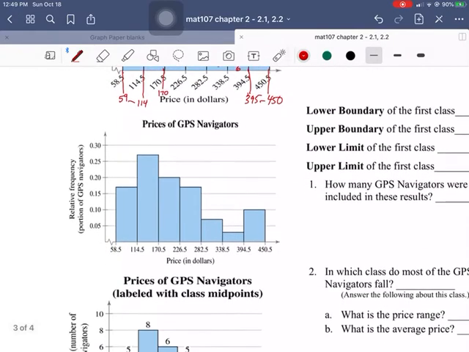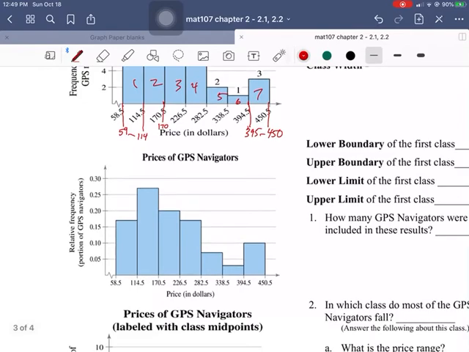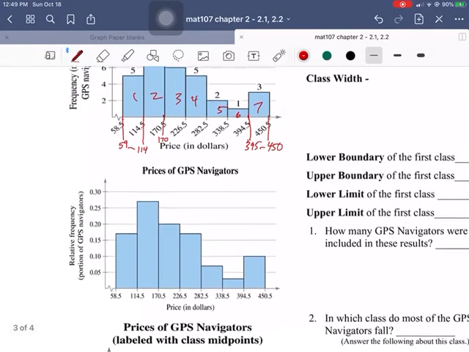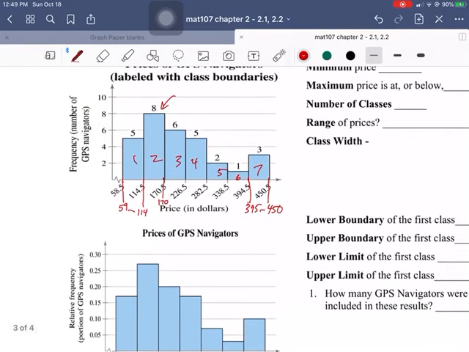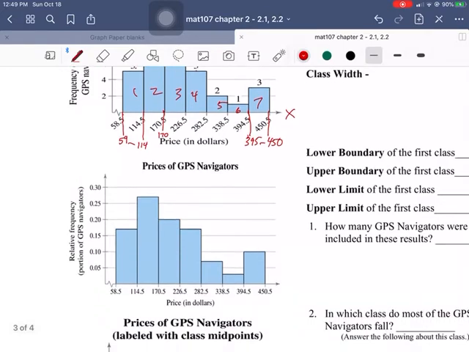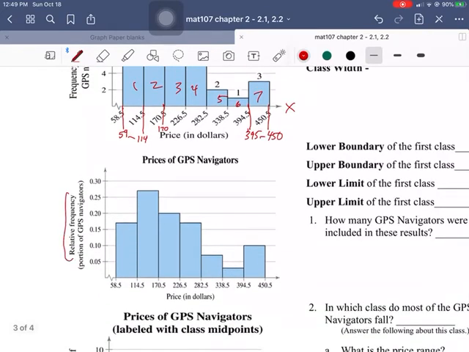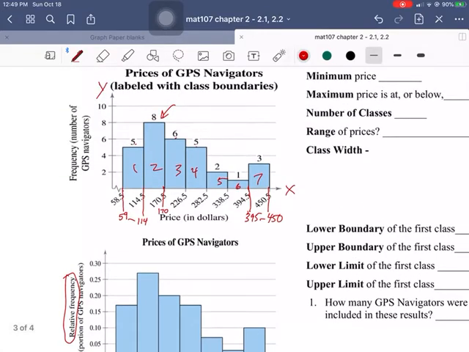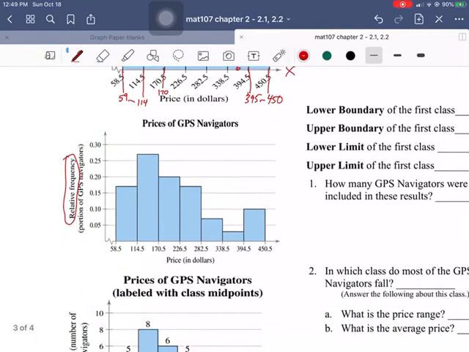Okay? So if you look at this one, what's the difference between this one and this one? Notice that it is the y-axis. This is the x-axis where the prices are. The y-axis has the number, right? This is where this 5, 8, 6, 7 is coming from. So as you go down here, notice that you now have the relative frequency instead of the frequency, okay?